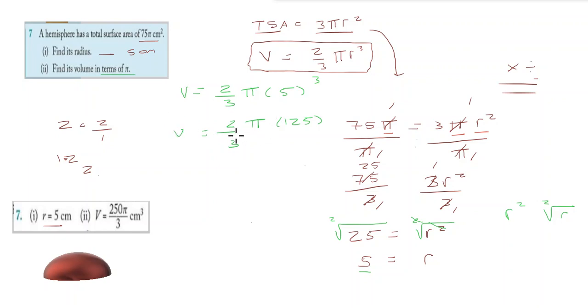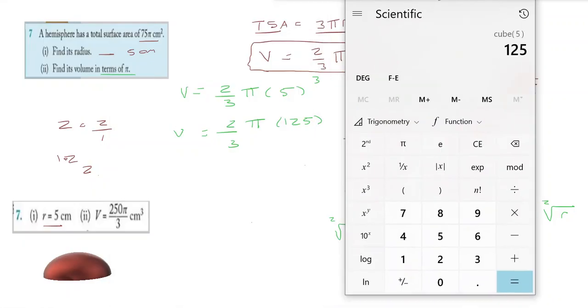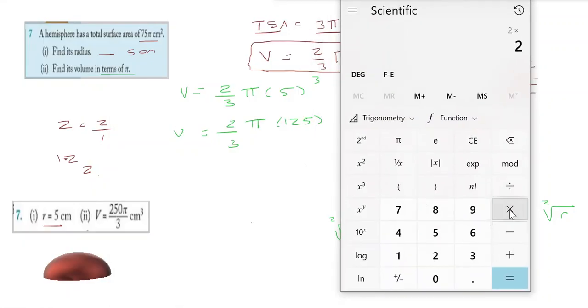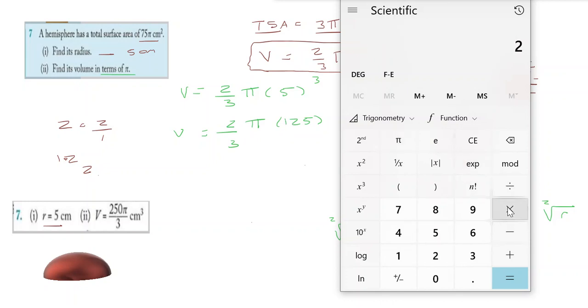Then we multiply 2 by pi by this. Actually, we want to write everything in terms of pi, so we don't need to multiply out pi. We can just multiply 2 by 125. That's equal to 250.